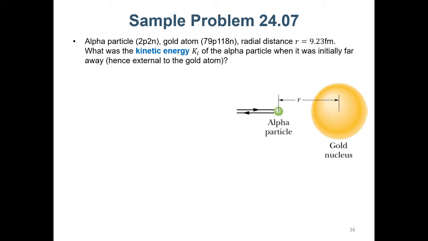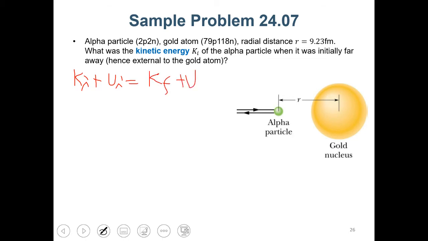So we try to use the conservation of mechanical energy, which is Ki plus Ui, the kinetic energy plus the potential energy, equals the final value. Initially they are far away, so the potential energy should be zero.